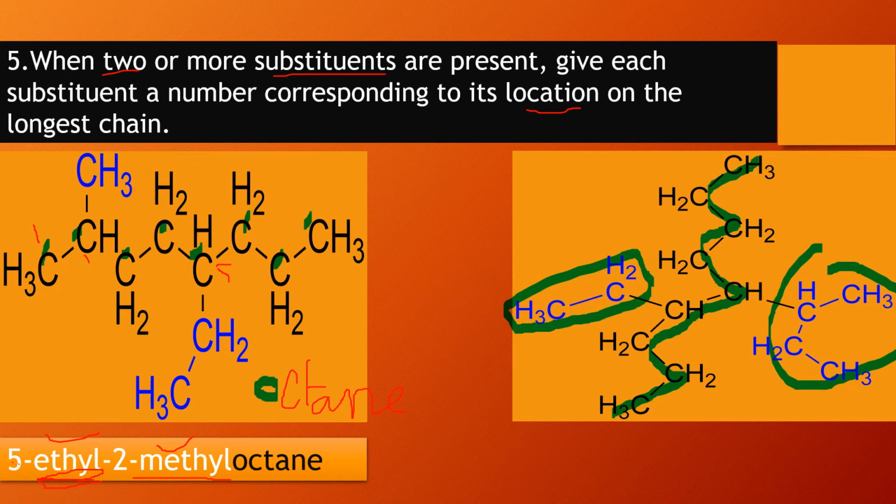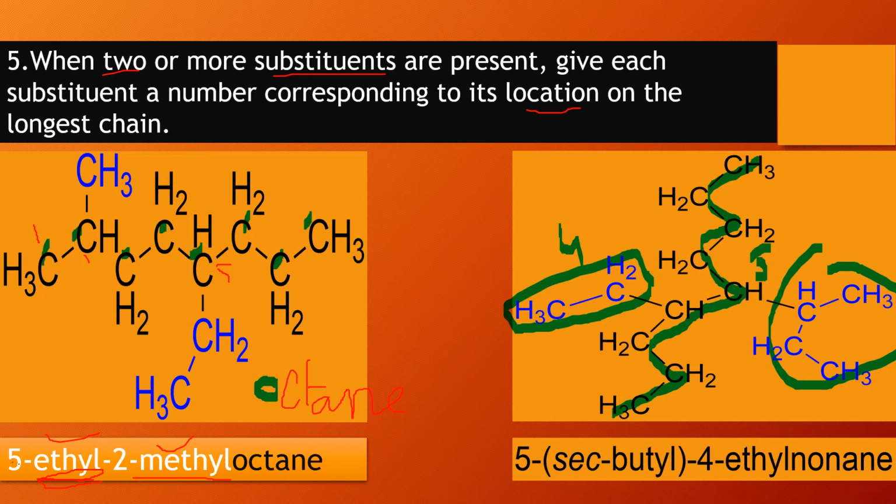So at the 4th position this is ethyl, and at the 5th position there is sec-butyl. So its name would be 5-sec-butyl, because B comes first, then 4-ethyl, nonane.